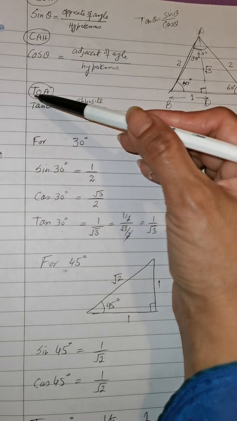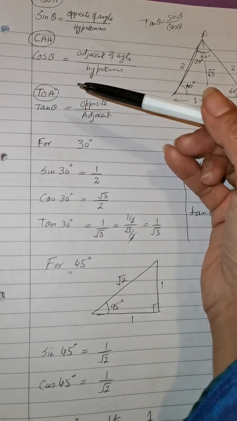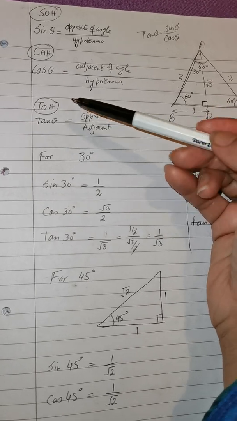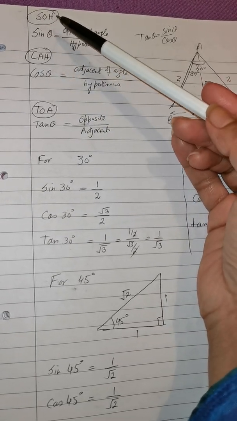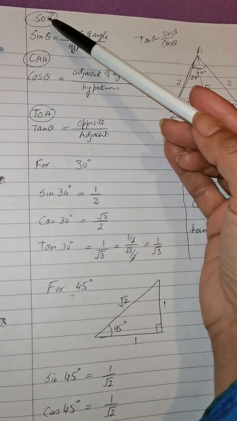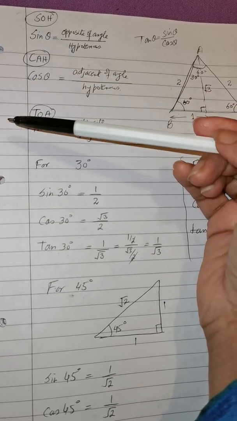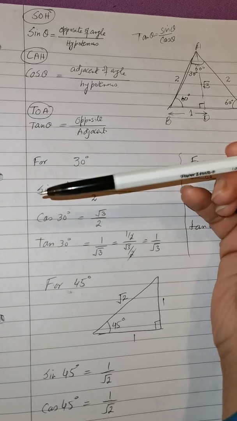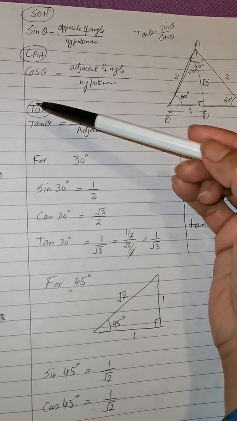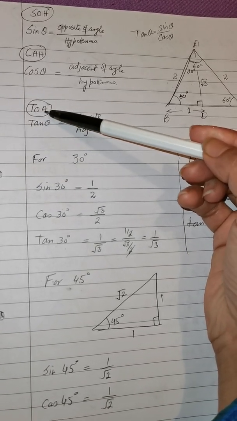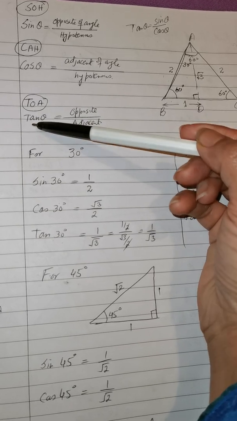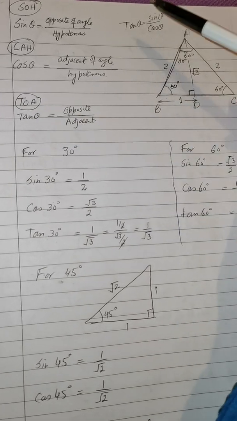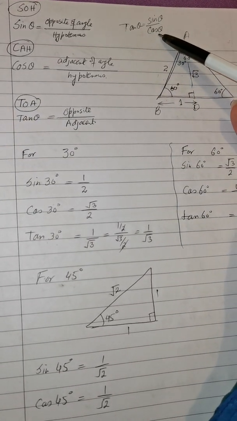So this case is TOA. Just to keep in mind, they have given them names. SOH means sine is opposite over hypotenuse, CAH means cos is adjacent over hypotenuse, right? And TOA means tan is opposite over adjacent. But in fact, tan theta can be calculated by sine theta divided by cos theta.